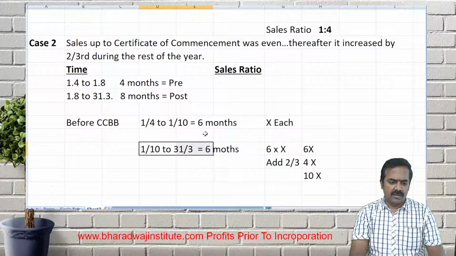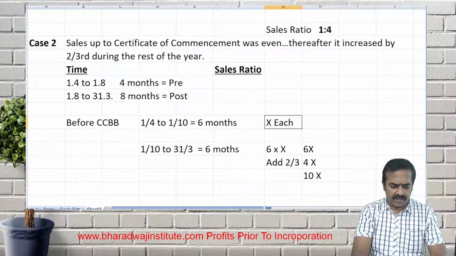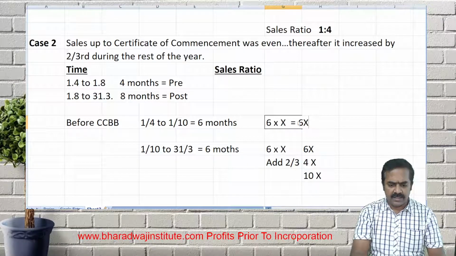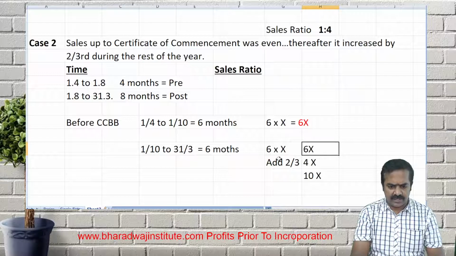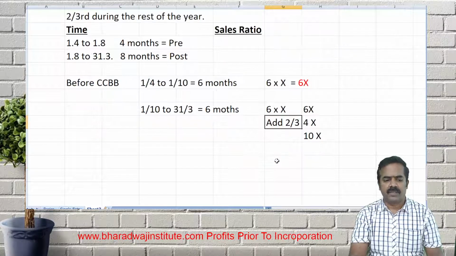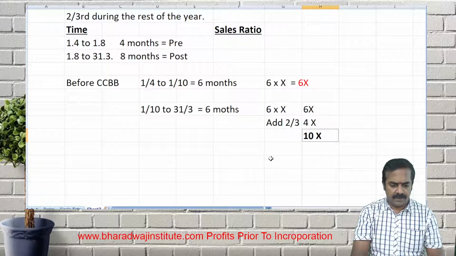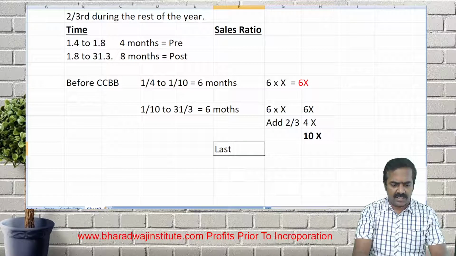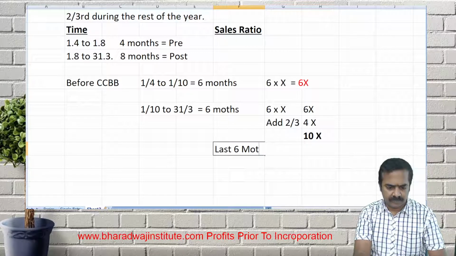Once again, pre-incorporation, every month X for 6 months is 6X. Post-incorporation, 6X plus increased by 2/3, that is 4, total 10. Wait. Now, what are the sales of the last 6 months? 2/3 increase.